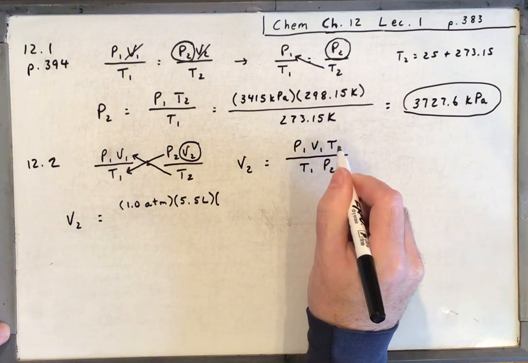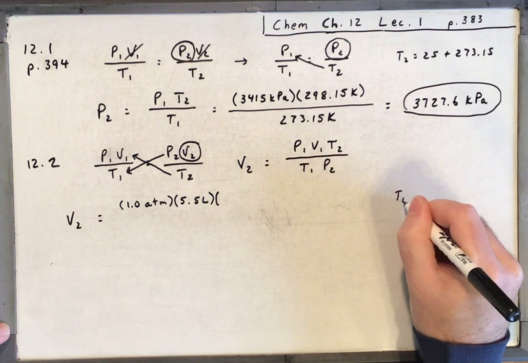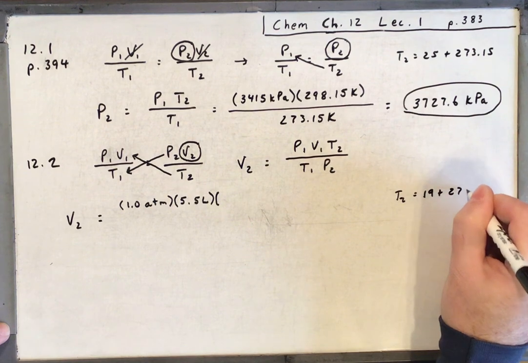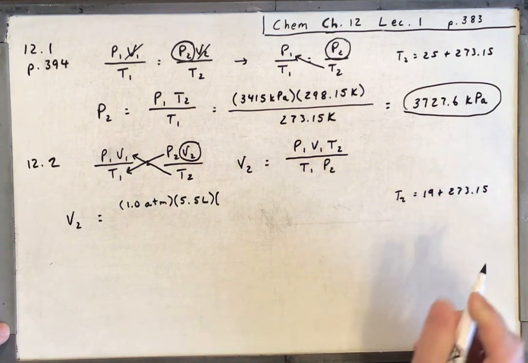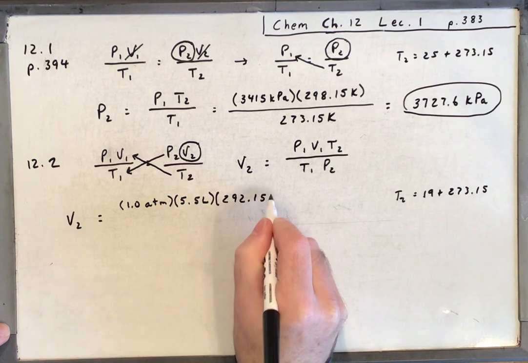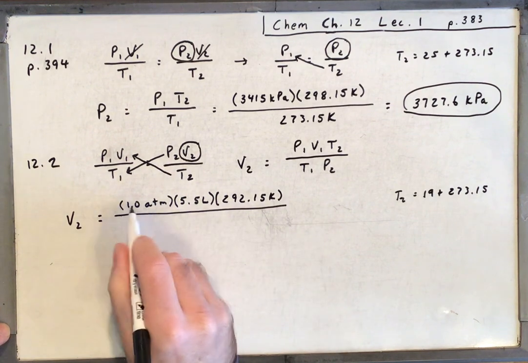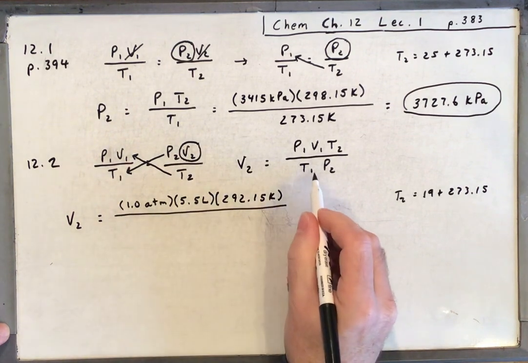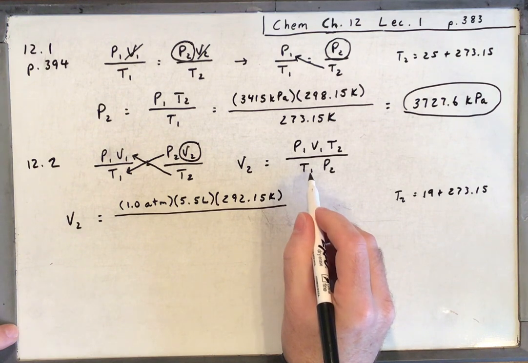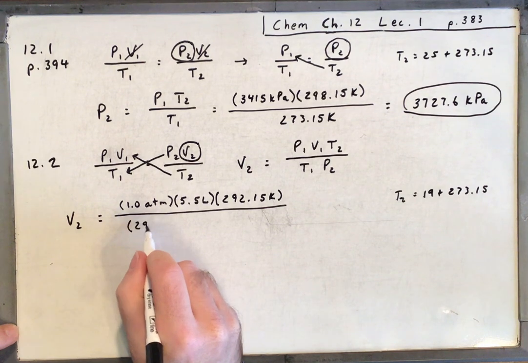Our second temperature is 19 degrees Celsius. All right, that's going to be 19 plus 273.15. That would be 292.15. Again, I'm about to change this 1 atmosphere. So hopefully you wrote in pencil. And T1, our initial temperature, 25 degrees C. So that's going to be 298.15.